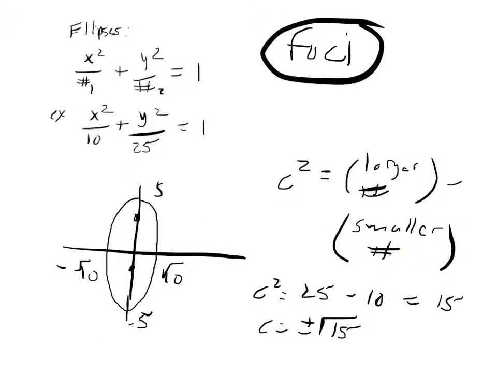So in this case, c squared, my value associated with the focal points, is 25 minus 10, so c is plus or minus root 15. Then I can label (0, root 15) and (0, negative root 15) as the coordinates of my two focal points. So that's a little bit of review from what you did last year.